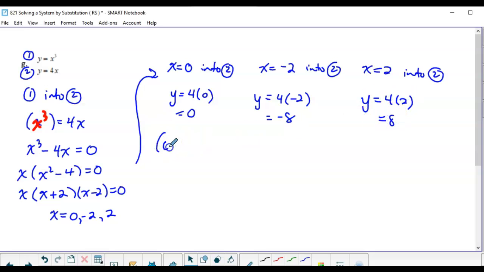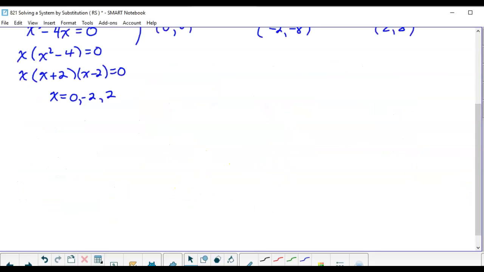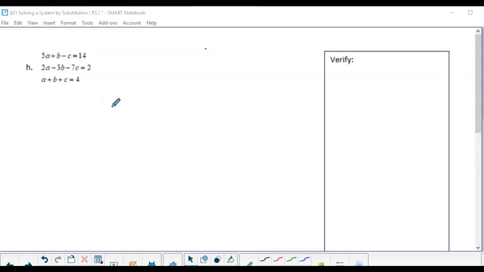So this solution is 0, 0. This is -2, -8, and this is 2, +8. So 3 possible solutions there. Now we have a system of 3 equations in 3 unknowns.